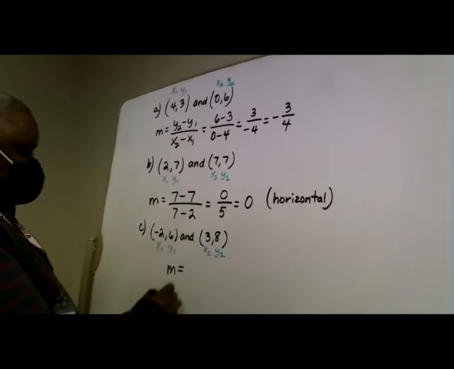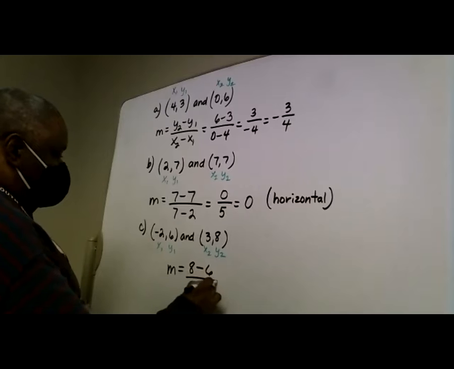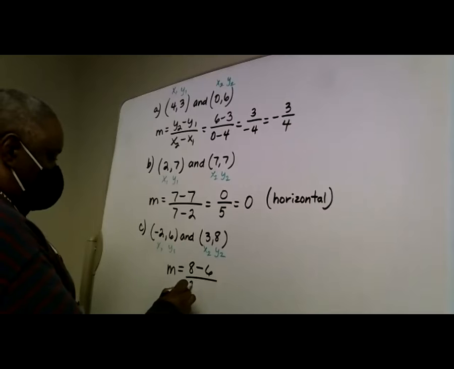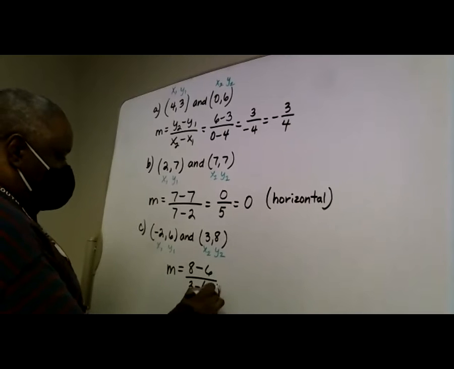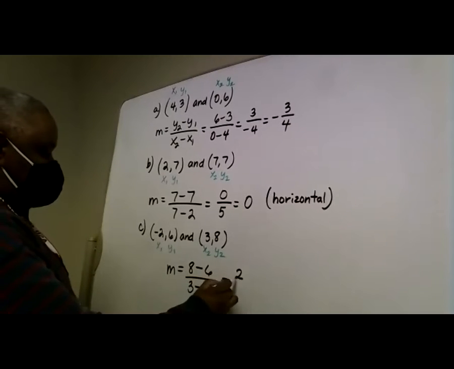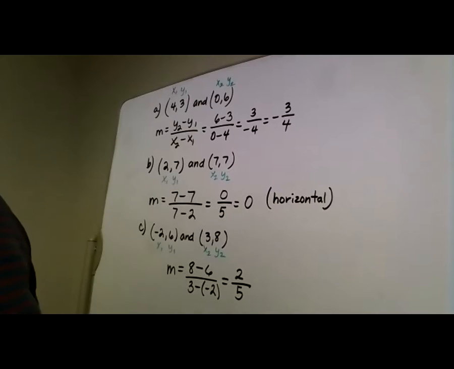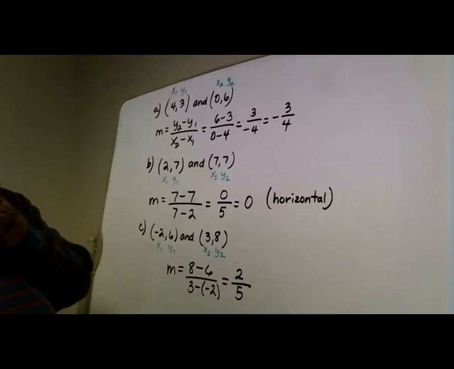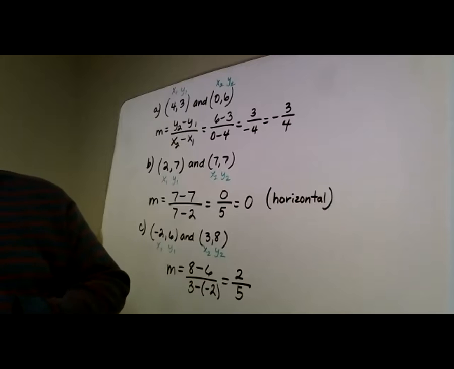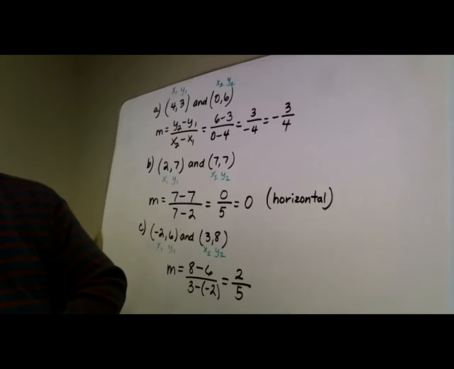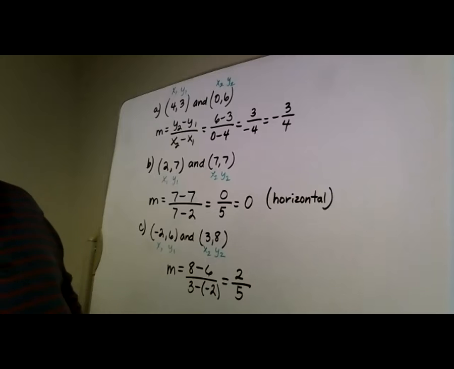That's going to be 8 minus 6, and then divided by x2 minus x1, 3 minus a negative 2. So here, 8 minus 6 will be 2. And then 3 minus a negative 2, which would be 3 plus 2, which is 5. So the slope of that line through those 2 points would be just 2/5. Okay. All right, any questions about problem number 34 in the text?